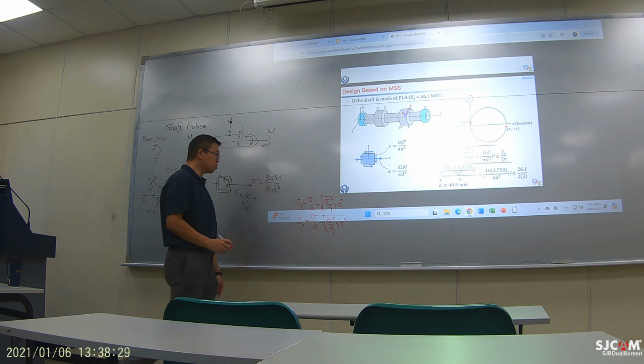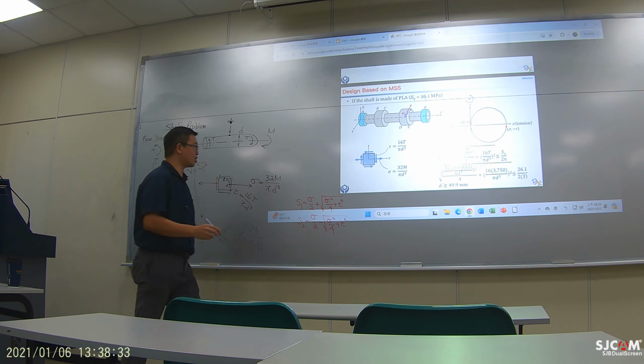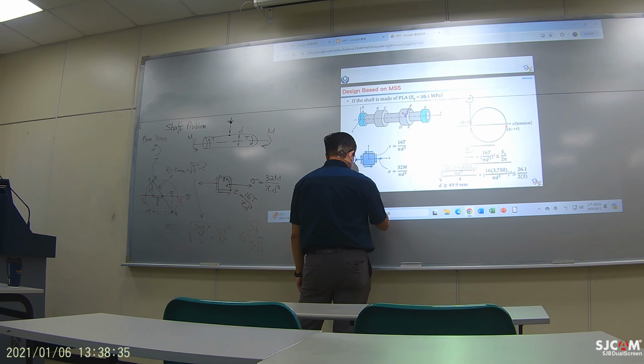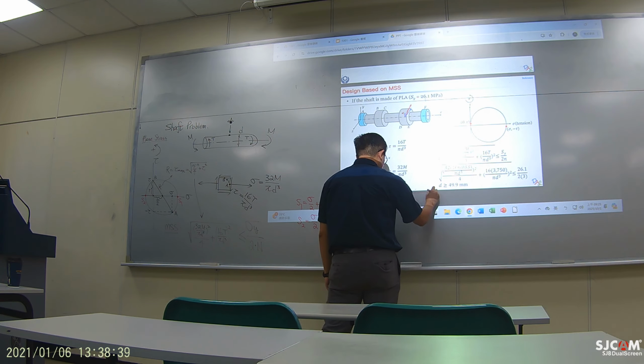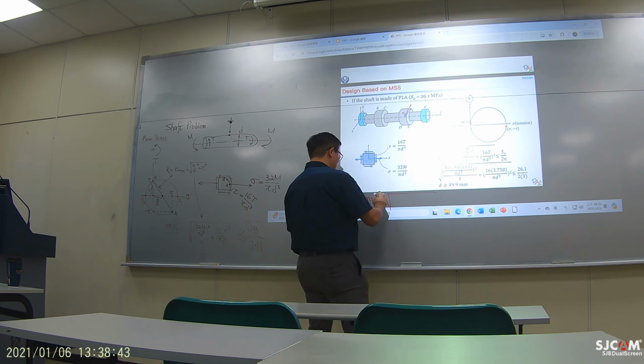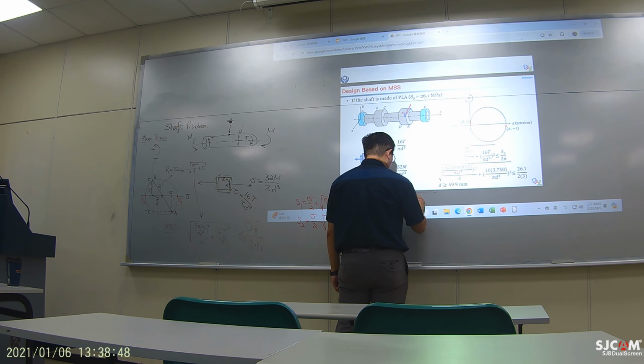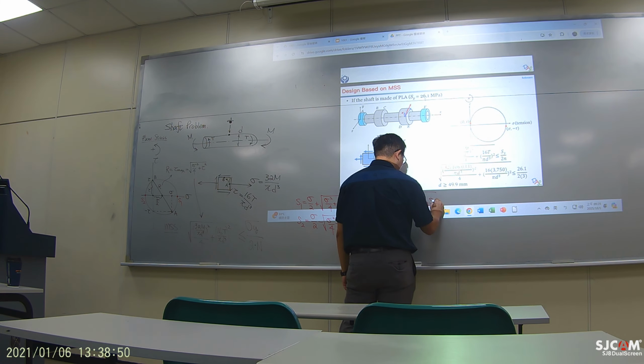Okay? Now, if we apply the maximum distortion energy model, the model tells us we will have this volumetric stress, and it's going to be S1 squared plus S2 squared minus S1 times S2.